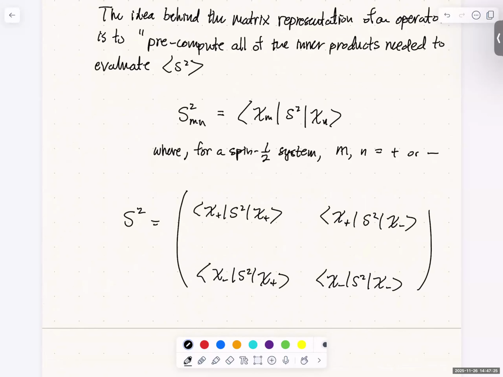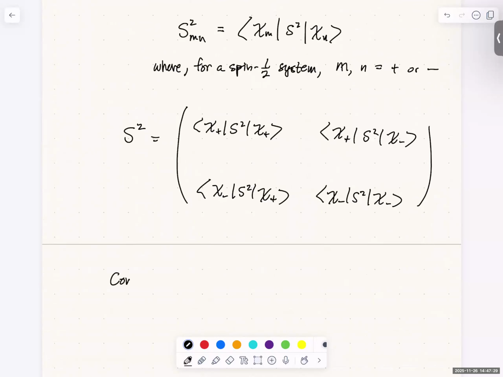So let's try this way of calculating an expectation value through matrix multiplication.